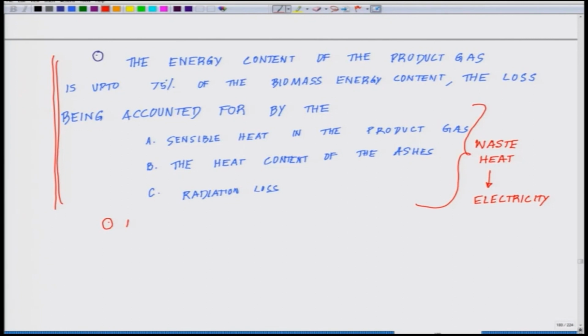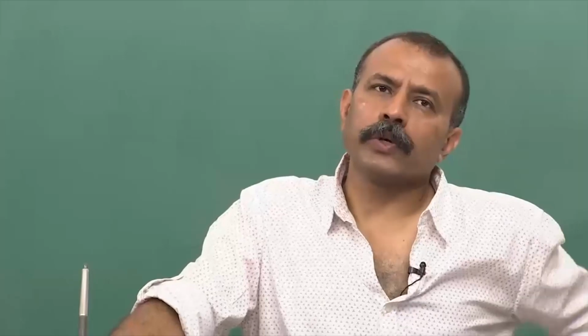So, during this process you are developing a lot of charred products, and those charred products mostly go as a loss or as a waste. But there are technologies by virtue of which we can do further processing of the char to develop some really high efficiency good quality gas. So, this is what we are highlighting here.